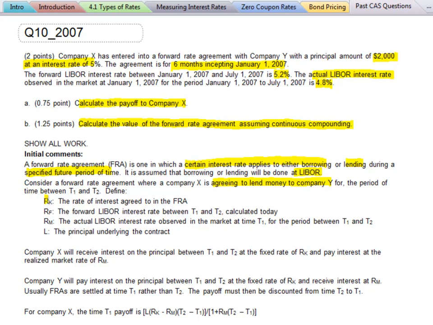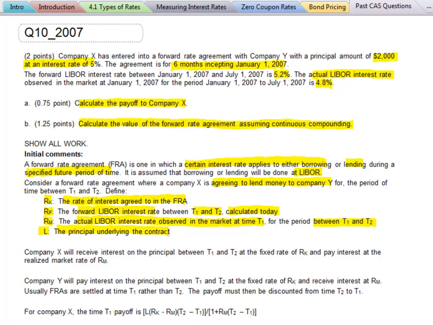Define R sub k as the rate of interest agreed to in the FRA, R sub f as the forward LIBOR interest rate between time 1 and 2 calculated today, R sub m the actual LIBOR interest rate observed in the market at time 1 for the period between time 1 and time 2, and L the principal underlying the contract.